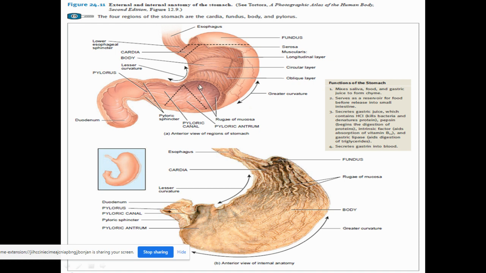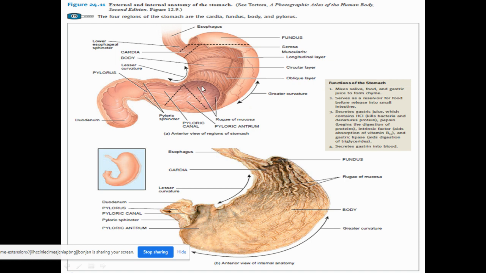You can see the inner region, where it faces the lumen. It has a large number of foldings. You can see this in this picture also, this is the inner region. This is the histological picture of the stomach. So you can see the inner foldings of the stomach, called the rugae of the mucosa.